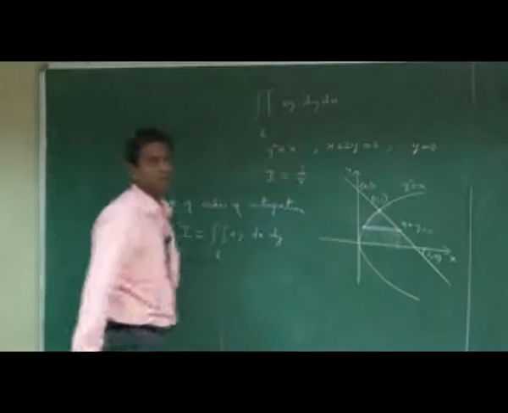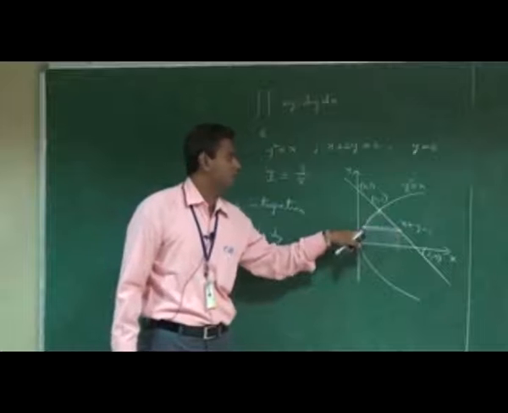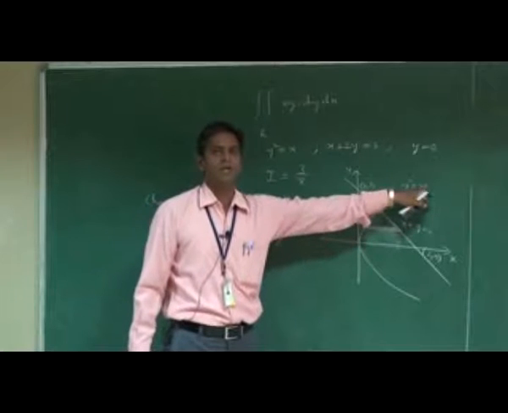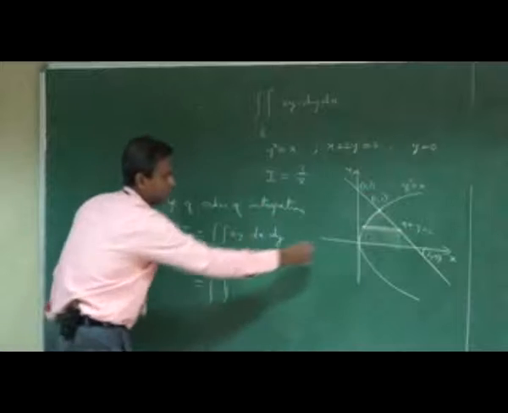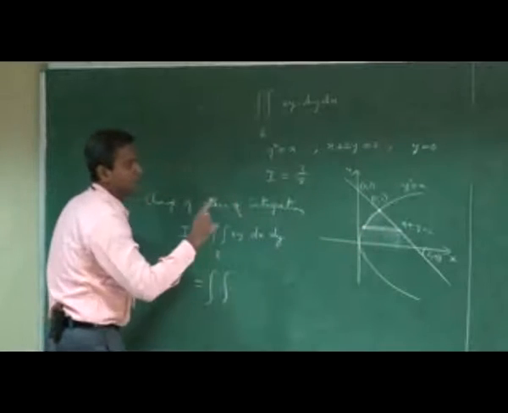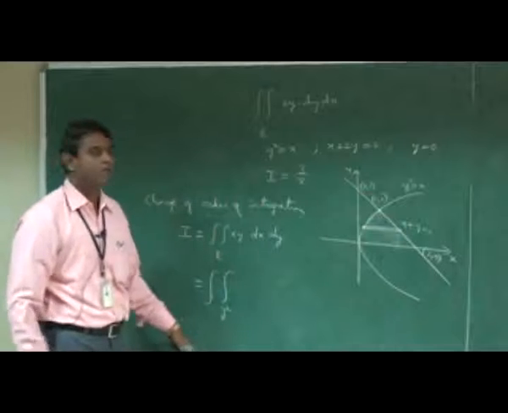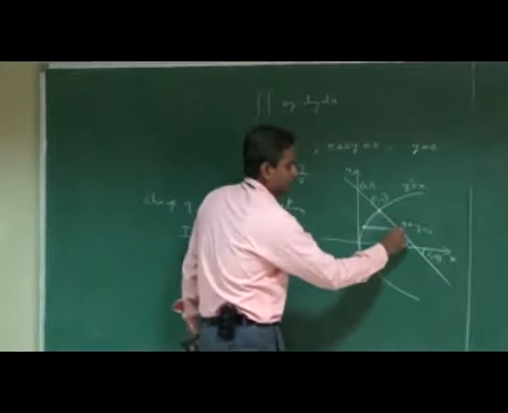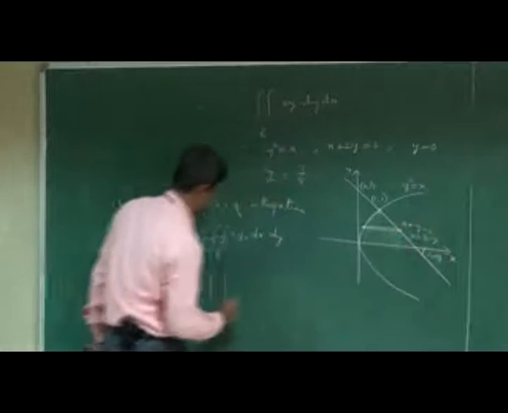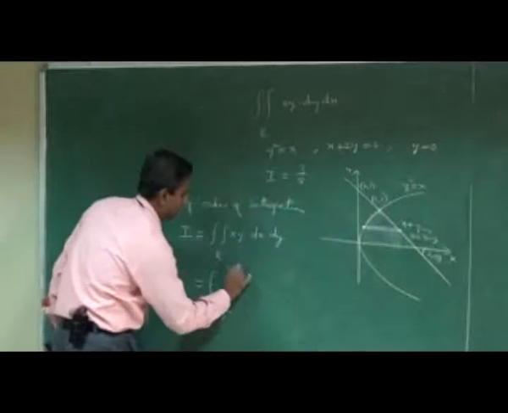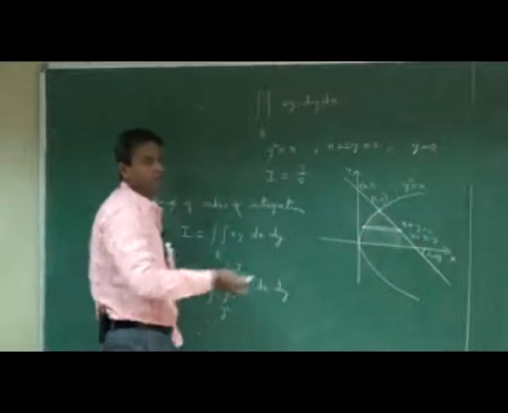The lower end of the strip, the left-hand end, lies on the parabola y squared equals x, so x equals y squared is the lower limit, and the upper limit of x is x equals 2 minus y.